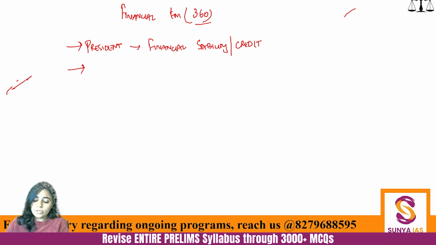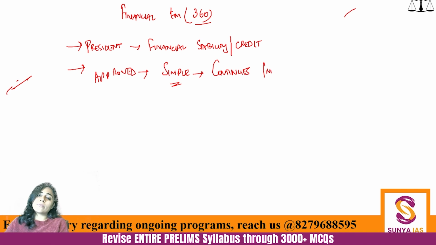Then it has to be approved by both the houses of parliament by a simple majority, and once it is approved it continues indefinitely. This you have already noted down by now, so no need to renew it every 6 months. It continues indefinitely, but here the approval has to be done within 2 months.